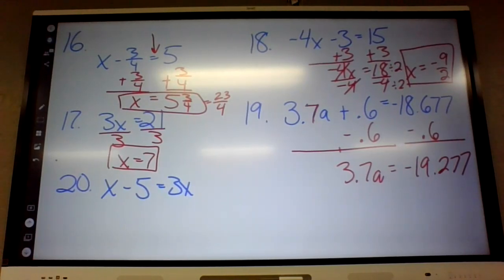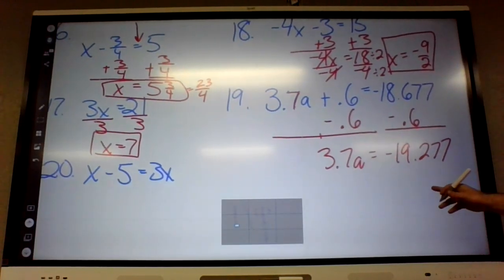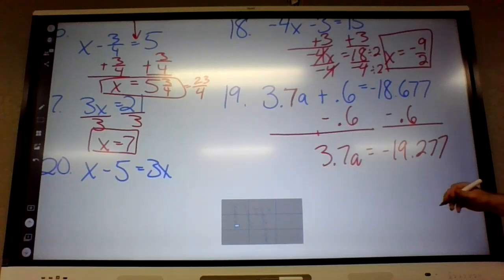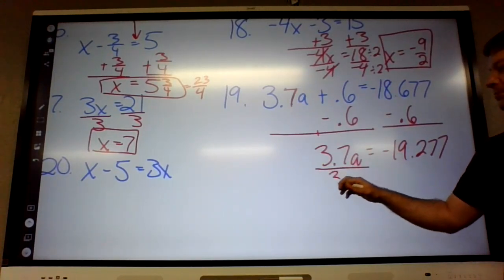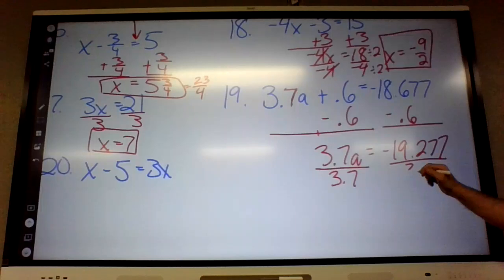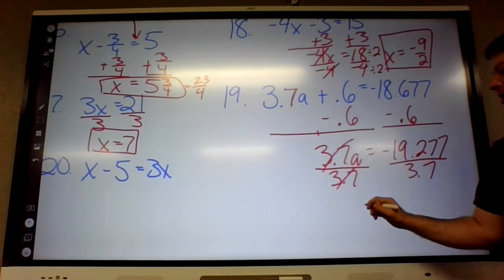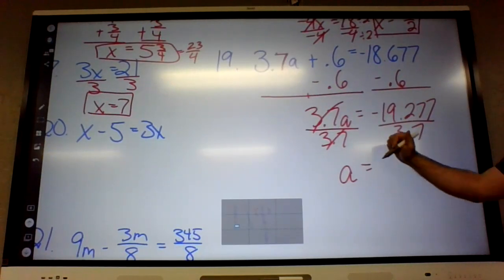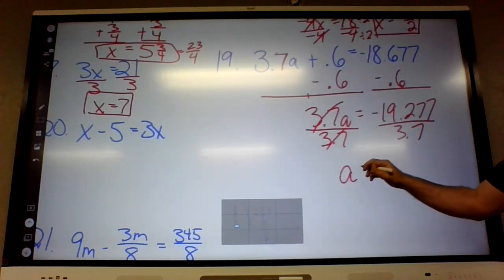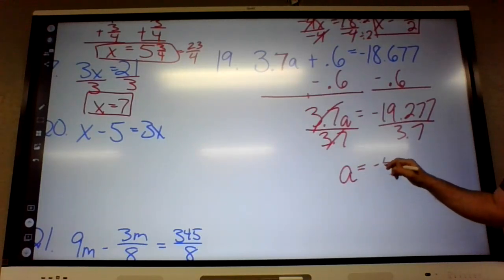Okay, then what's our last step, Bella? Okay. And you're gonna have to remind me, what does that come out as? It's like negative 5 point something? 21. 5.21.